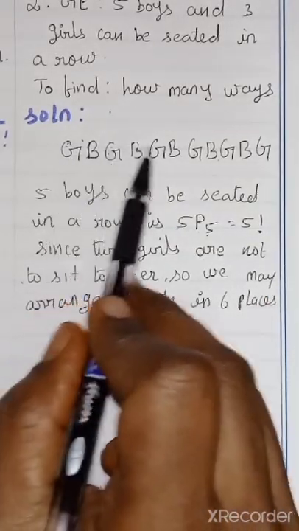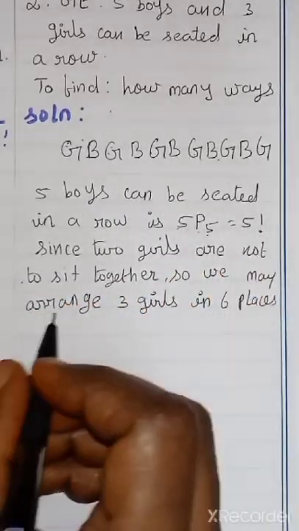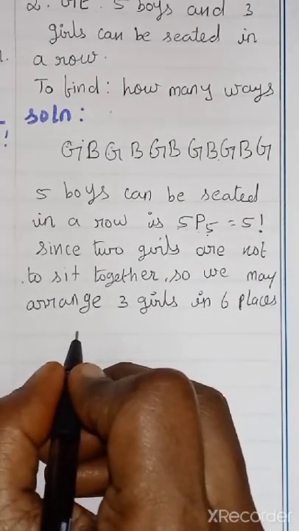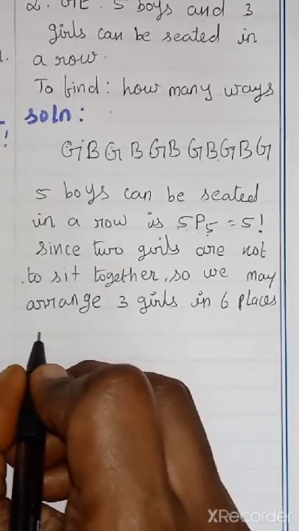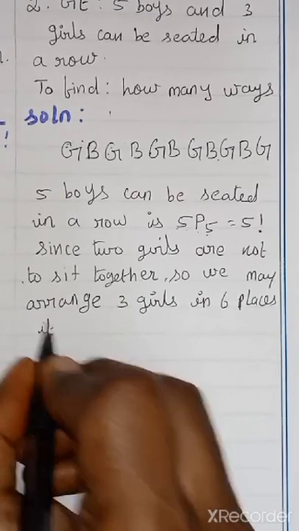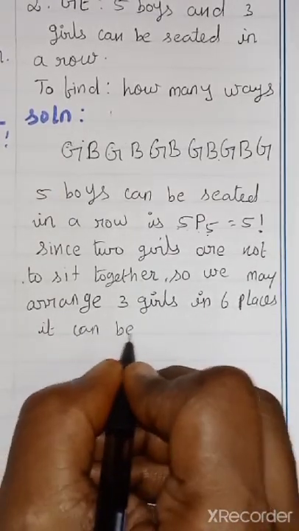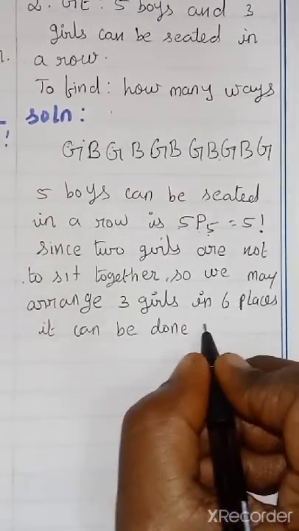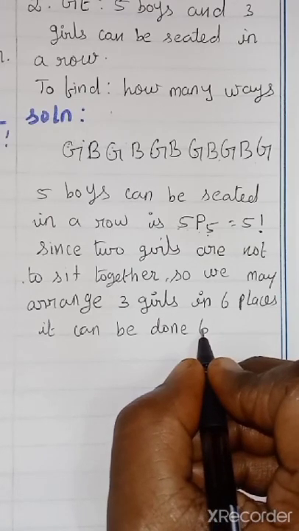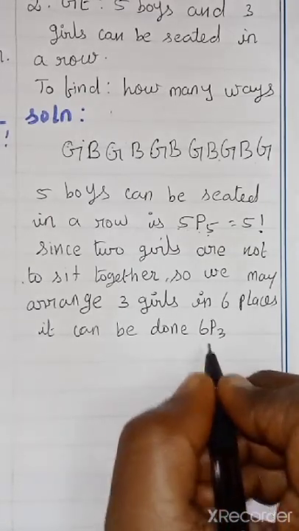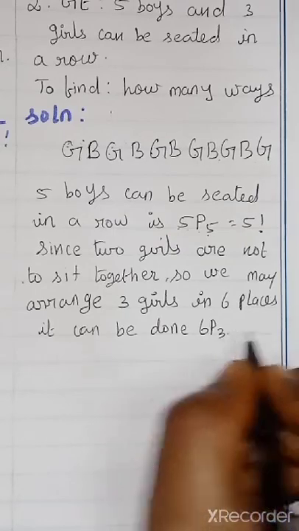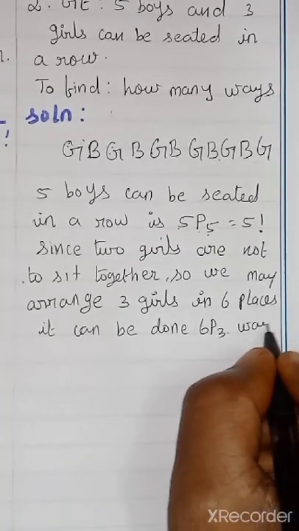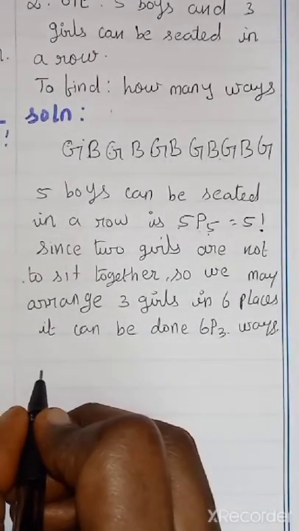Correct? 3 girls in 6 places. Therefore, it can be done. Total 6 places are there. How many girls are there? 3 girls we are taking at a time. So 6P3 ways. Correct?